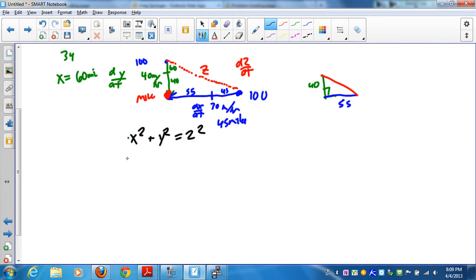So taking the derivative, you get 2x dx dt plus 2y dy dt equals 2 times z dz dt. And of course you could divide everything by 2 and get rid of the 2's. And you know what x is equal to?